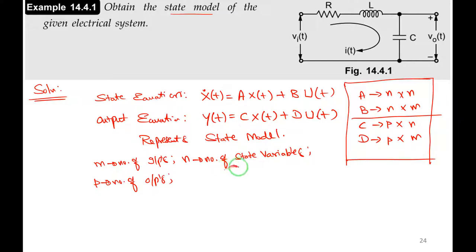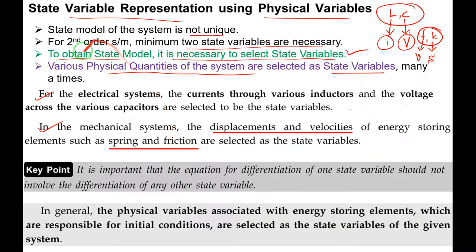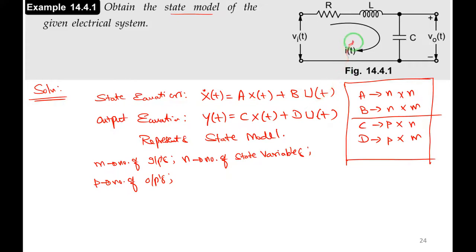So here, first, what are the state variables? In order to obtain the state model, it is necessary to select the state variables. So which are the energy storage elements here? The energy storage elements are first the inductor and second the capacitor, L and C. The state variable corresponding to the inductor is the current I, and corresponding to the capacitor is the voltage.